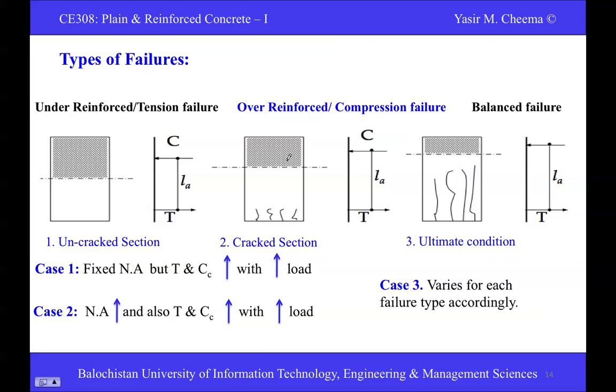Got my point? Yes. Neutral axis remains fixed in the first case, but the tension and compression forces increase. If you see the second case, neutral axis goes above as tension and compression forces increase. If the forces increase, cracks appear.